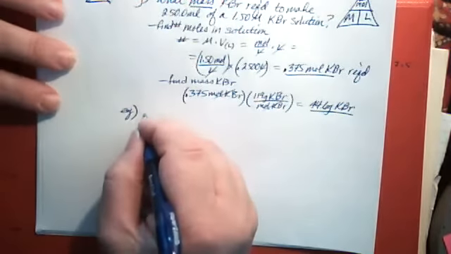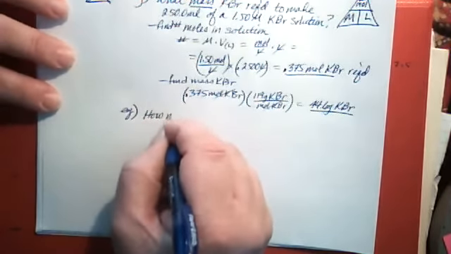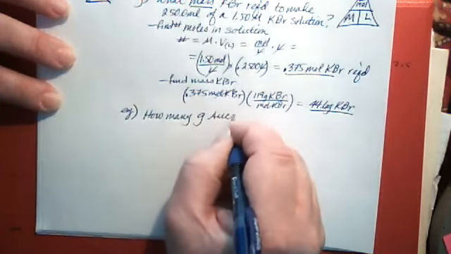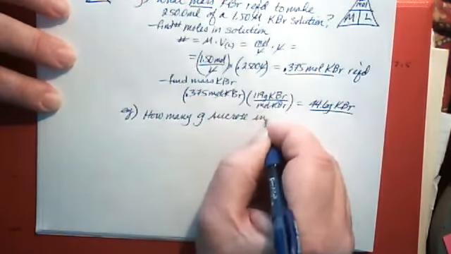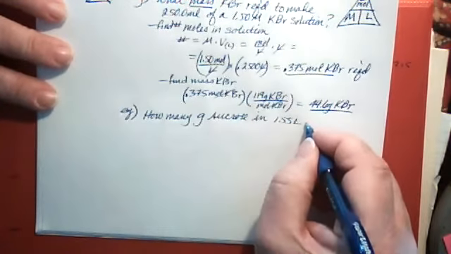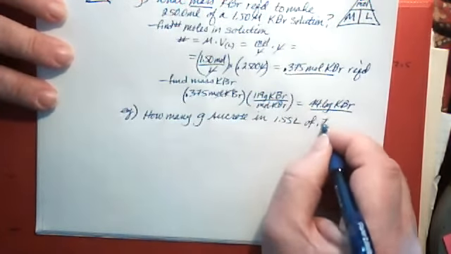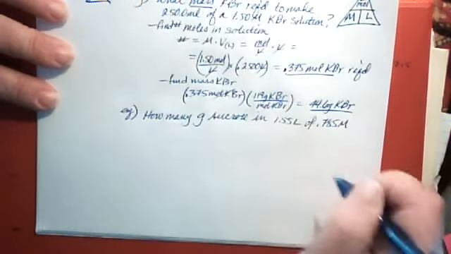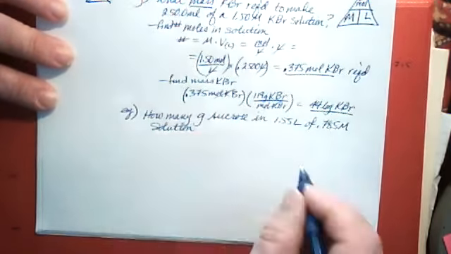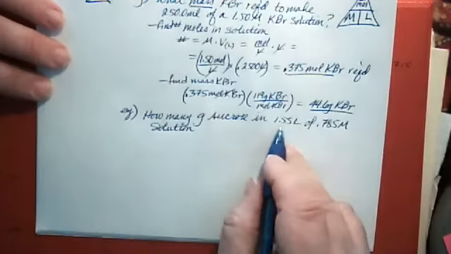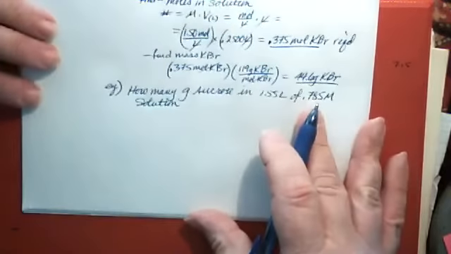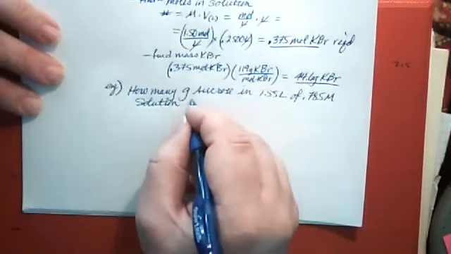Another example might be how many grams of sucrose are there in 1.55 liters of a 0.785 molar solution of sucrose?